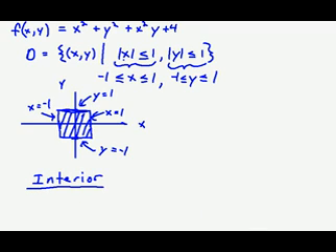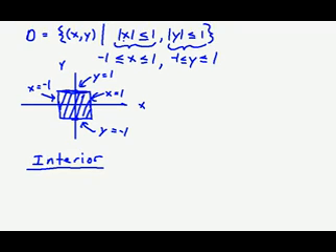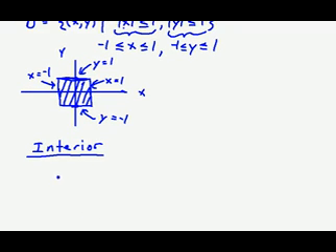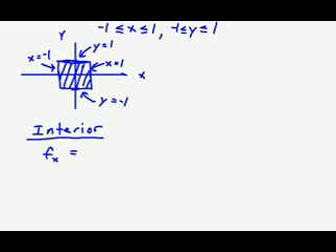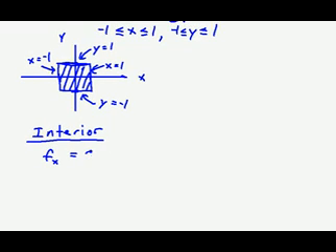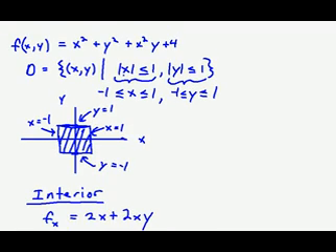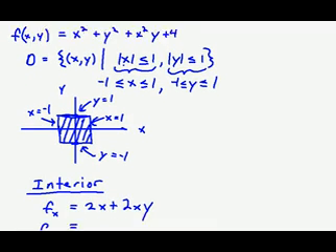So find your critical points by taking the partial derivatives. f sub x, if you go back and look at the function, is 2x plus 2xy. And the partial with respect to y is going to be 2y plus x squared.